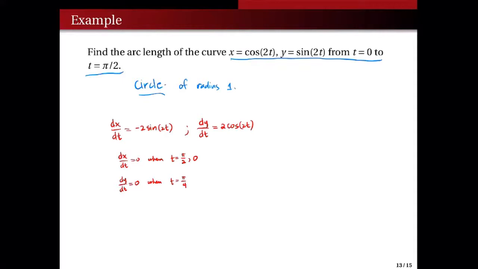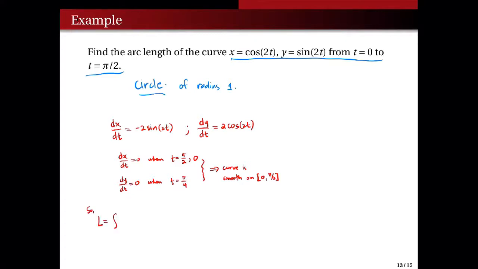Okay? This guy means the curve is smooth on the interval 0 up to pi over 2. Okay? So we have arc length.